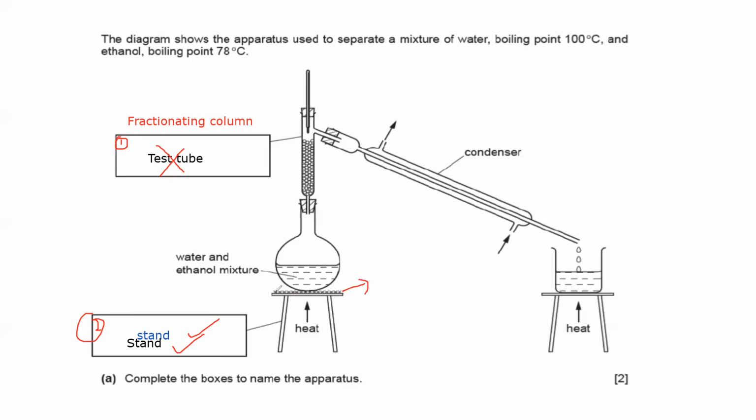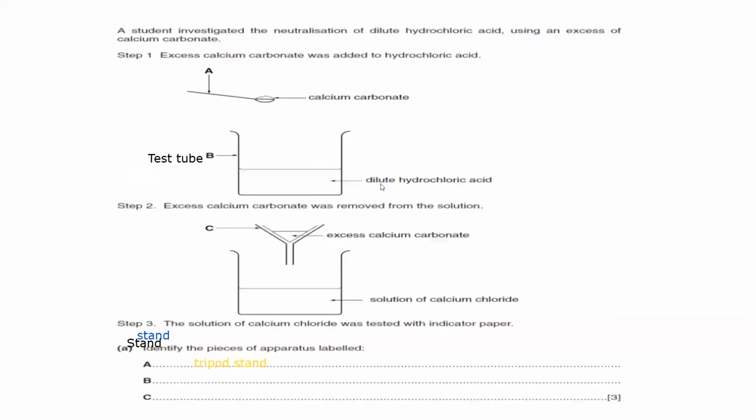So this is called a wire gauze. The net is known as a wire gauze. The heat which we supply, we can supply by using an electrical heater, or we can use a burner.